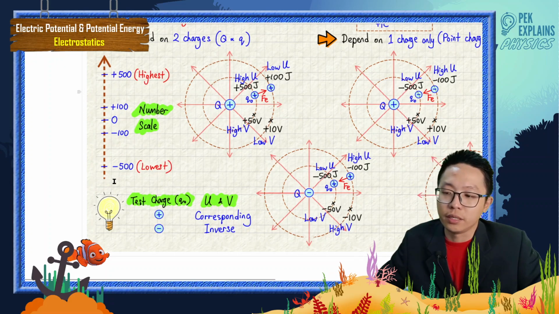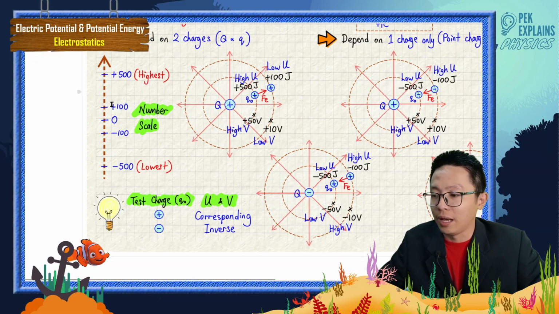Which one is the lowest value? Of course, the most negative. The most negative is the lowest value, and the most positive is the highest value. The more and more negative means the lower the value. The more and more positive means the higher the value.